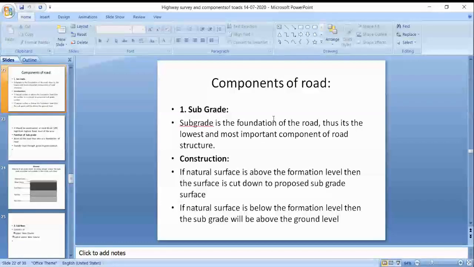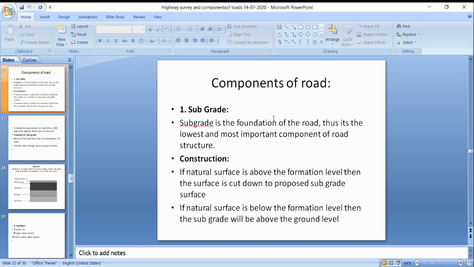In the first layer, subgrade is there. Subgrade is the foundation of the road, the lowest and most important component of a road structure. It should be constructed on a natural surface above the formation level, where the surface is cut down.